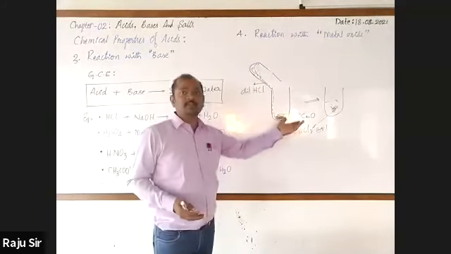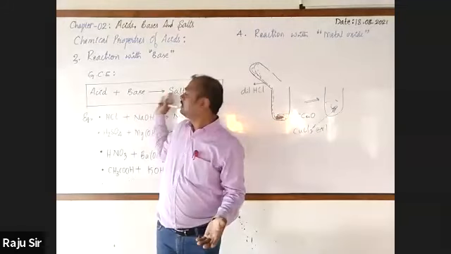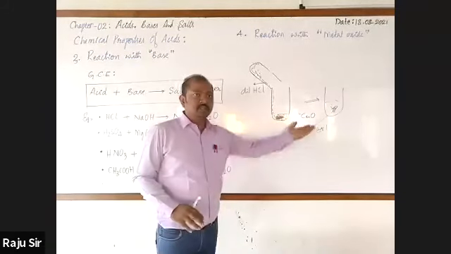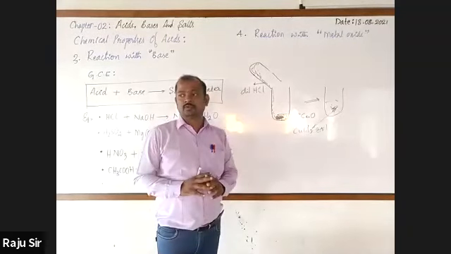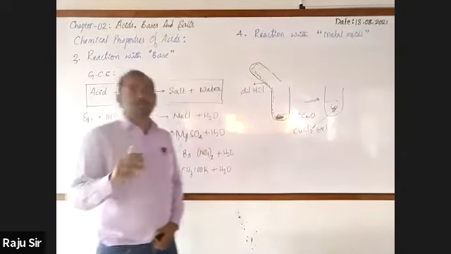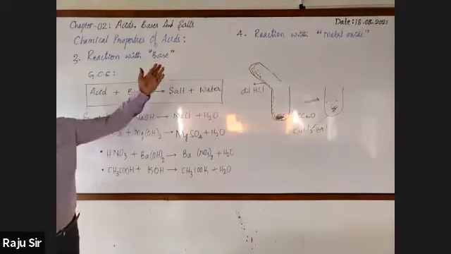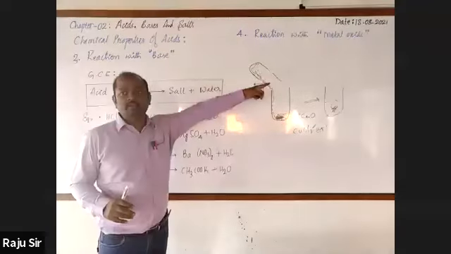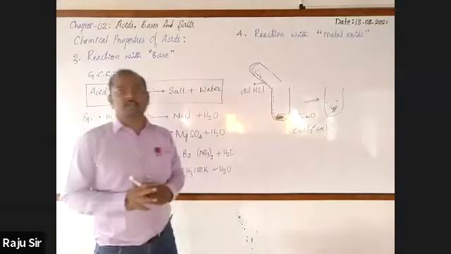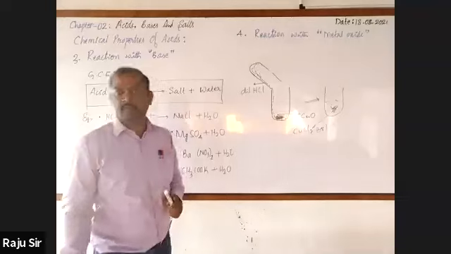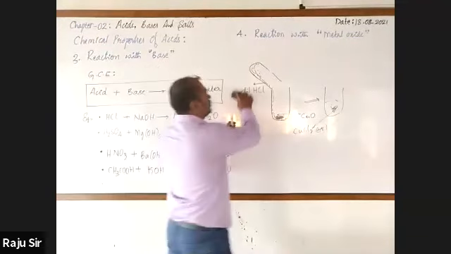When acid reacts with the base, it produces salt and water. In this case, the salt is CuCl2, then water, H2O. Now, could you tell what happens when acid reacts with metal oxide? It forms salt and water. Right.